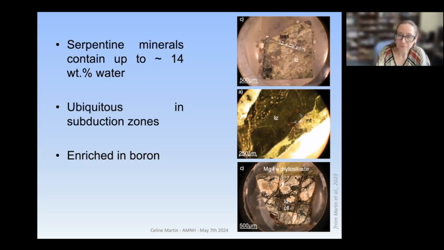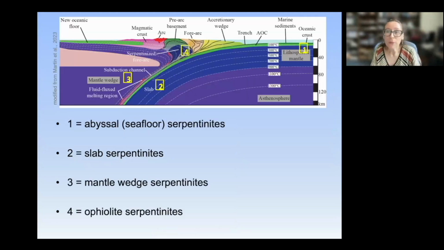Here on that side of the screen, you have 3 examples of serpentinites showing how heterogeneous and diverse they can be. When I say they are ubiquitous in subduction zones, it means they are available as seafloor serpentinites or abyssal serpentinites, which are the serpentinites in the oceanic crust that are going to enter into subduction.